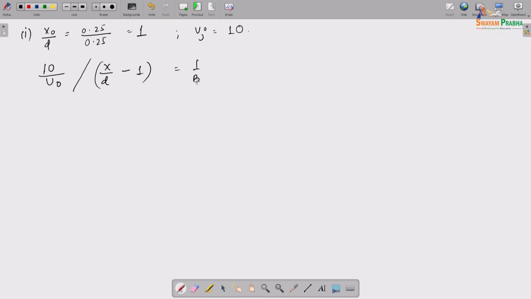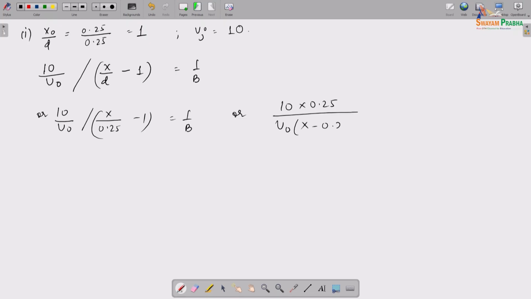Or 10 by u naught into 0.25 minus 1 is equal to 1 by b, or 10 into 0.2 by u naught minus 5 is equal to b, or 2.5 by u naught into x minus 25 is equal to 1 by b.